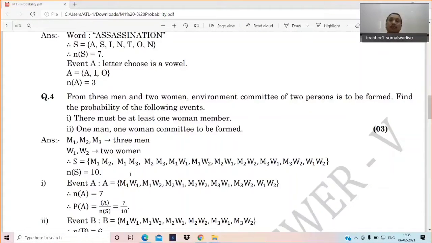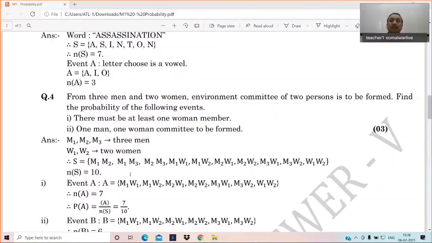So total number of sample points are 7. So P of A is equal to actually n of A, there is just a minor printing mistake. n of A upon n of S is equal to 7 by 10. So I can say the probability of the event that the committee has at least one woman member is 7 by 10.